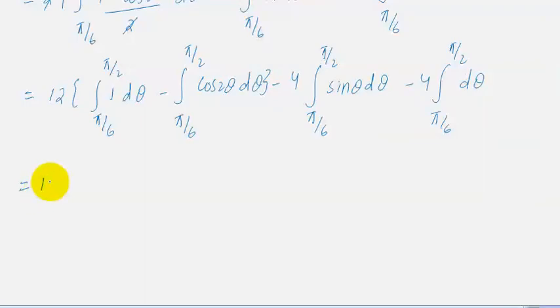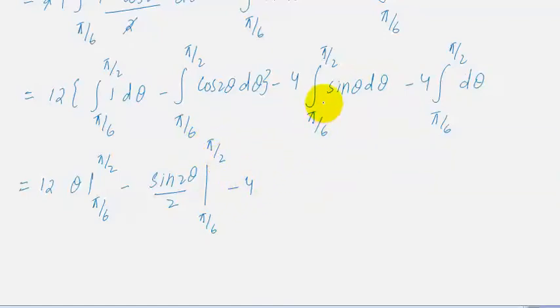Now it becomes 12 times: the integration of d theta is theta, and theta varies from pi by 6 to pi by 2, minus the integration of cos 2 theta, which is sin 2 theta upon 2, with theta varying from pi by 6 to pi by 2, minus 4 times the integration of sin theta, which is minus cos theta, with theta varying from pi by 6 to pi by 2, and the last term is 4 times the integration of d theta, which is theta, with theta varying from pi by 6 to pi by 2.